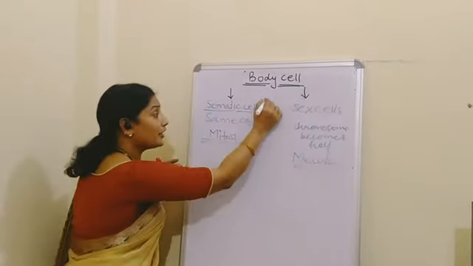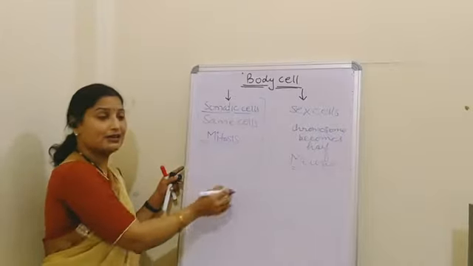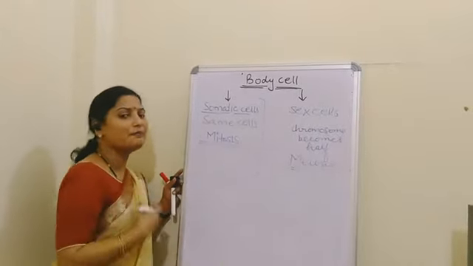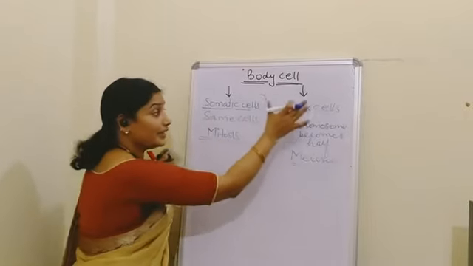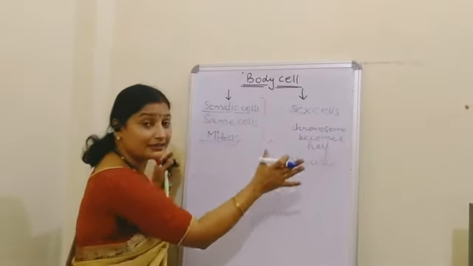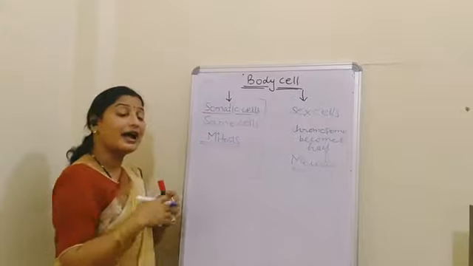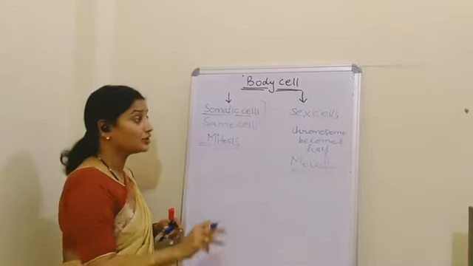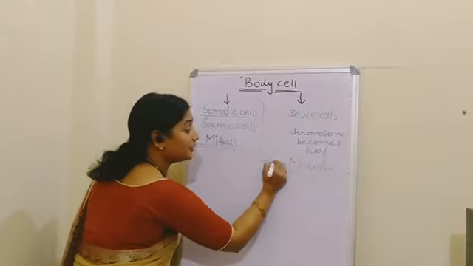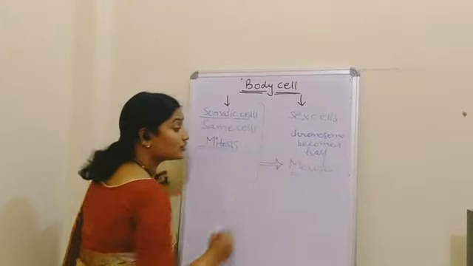So in the body cells, that is the maximum part of the body, mitosis occurs. But in the sexual organs, that is inside the testis and inside the ovary, where the germ cells are formed, they are formed by the process of meiosis.